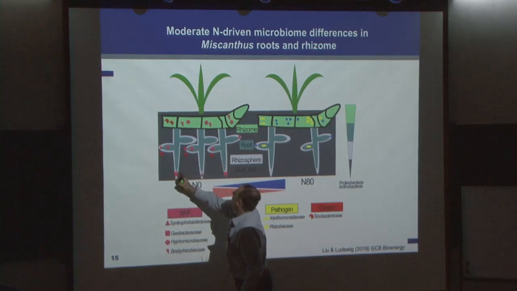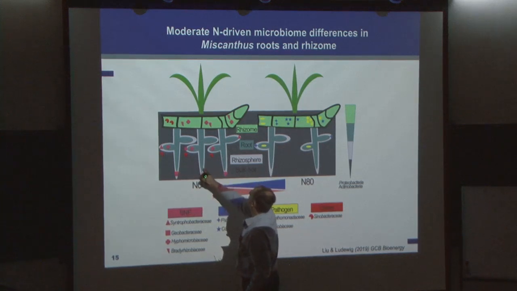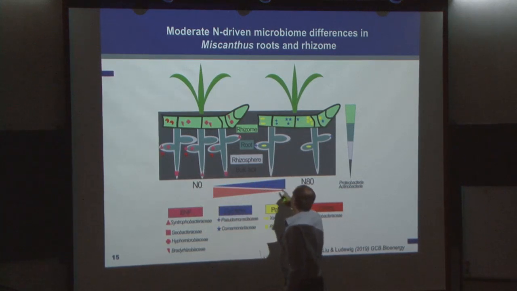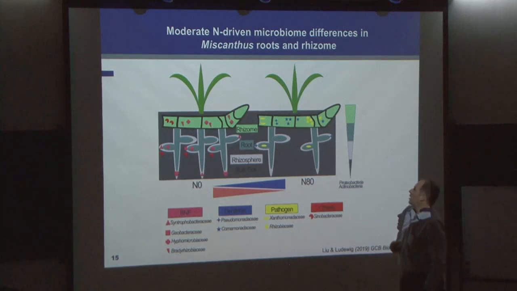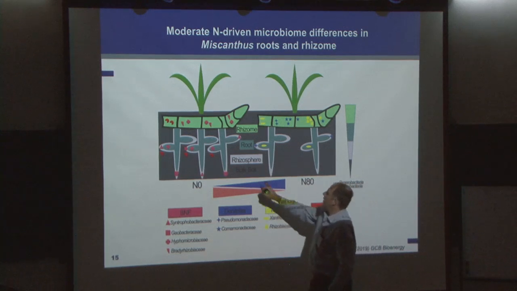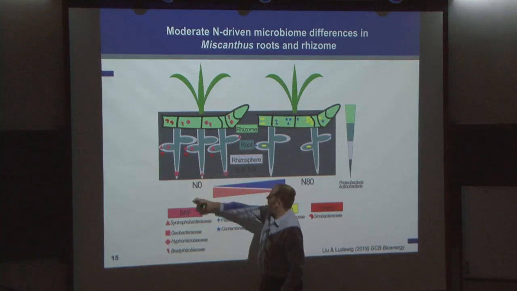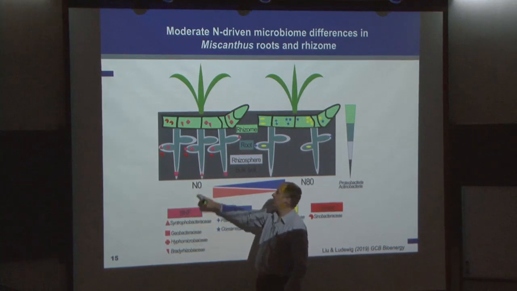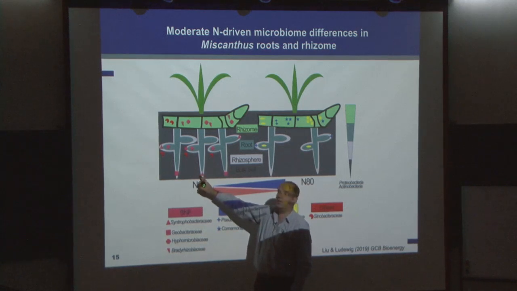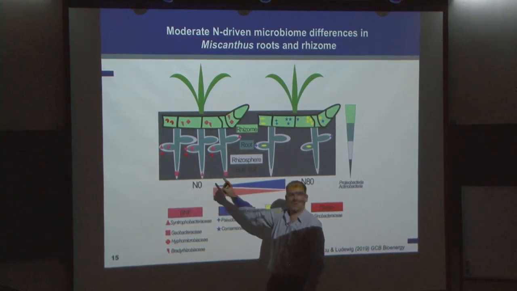soil and rhizosphere, rhizosphere in white, the nitrogen 0 and nitrogen 80 kilograms per hectare conditions. Well, we see under these conditions there are biological nitrogen fixers apparently more abundant here. This sounds interesting.